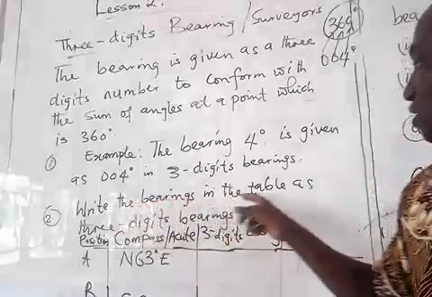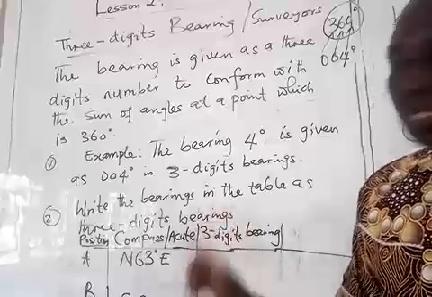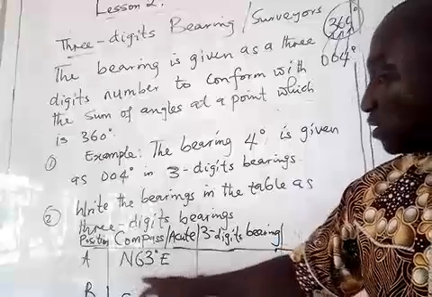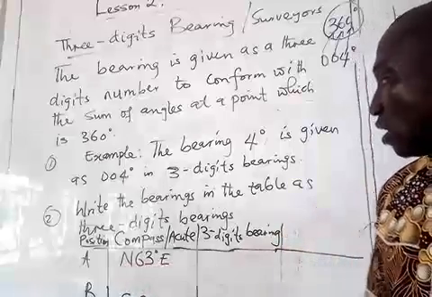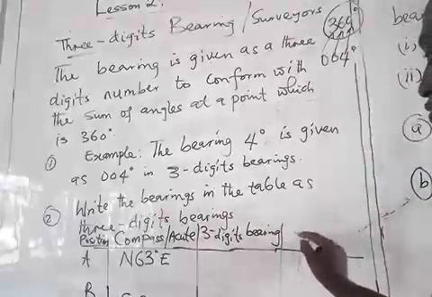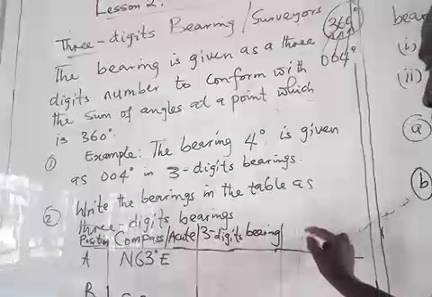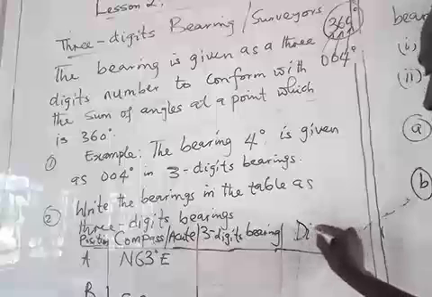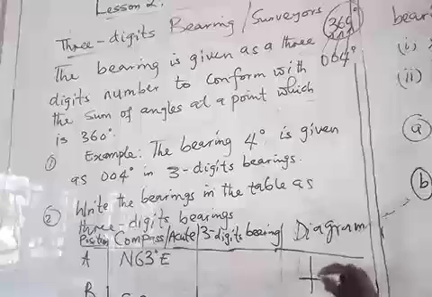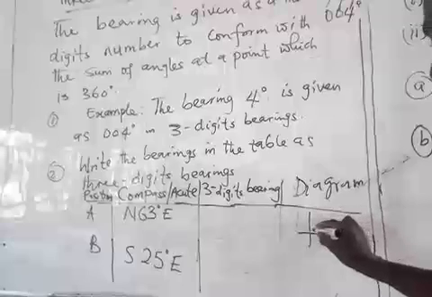The second one is this. Write the bearings in the tables as three-digit bearing. Look at the case like this. Position A is 63 degrees northeast. Let's consider a diagram to illustrate this so that we fill in the space which we are required to work on. We are told that this position A is 63 degrees northeast.